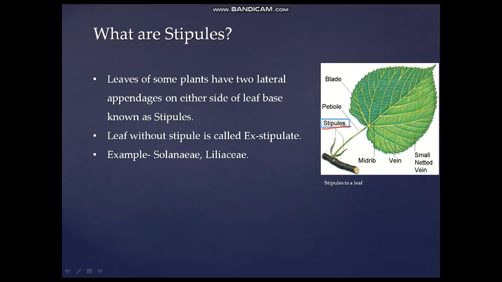The leaf which comprises stipules is called stipulate leaf, and the leaf without stipules is known as exstipulate. The example of exstipulate leaf is very important. It's commonly found in families Solanaceae and Liliaceae.